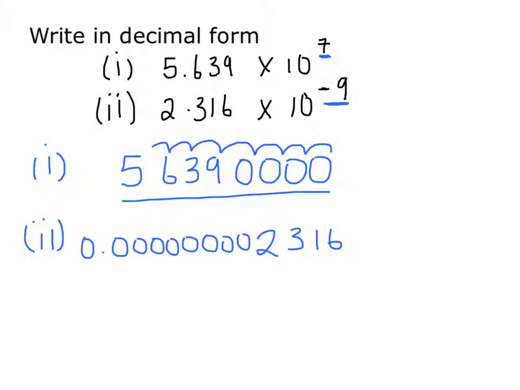So it's going to be 8 zeros. You can count them. When you started here, divided by 10 once, twice, 3, 4, 5, 6, 7, 8, 9 times. That's where the decimal point ends up. So that's the decimal form of that number there.